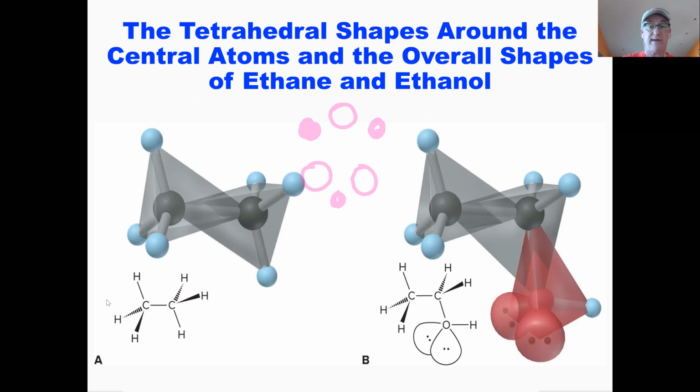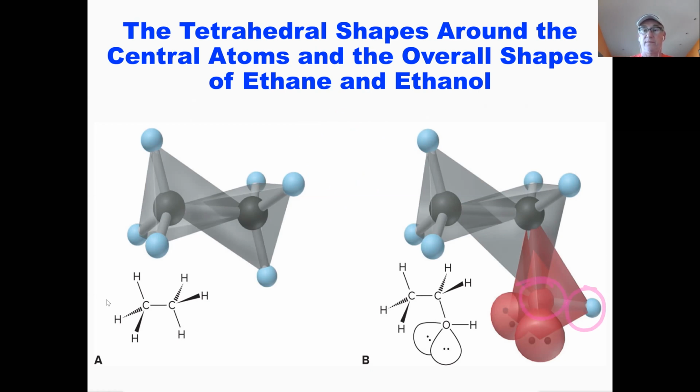Same is true with ethanol. So this is ethanol on the other side. Ethanol is just ethane with this OH group, oxygen and hydrogen. We call that an alcohol group or a hydroxy group. It's got O and H at the end of it. So we can see the same thing is true here.